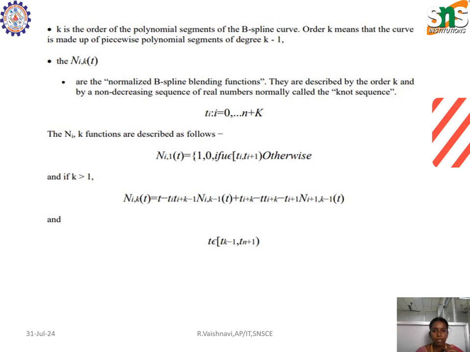They are described by the order k and by a non-decreasing sequence of real numbers, normally called the knot sequence, Ti, that is i equal to 0 up to n plus k. Here the Ni,k functions are described as Ni,1 of t is equal to 1 or 0. Otherwise, if k is greater than 1, we have to follow the next formula.